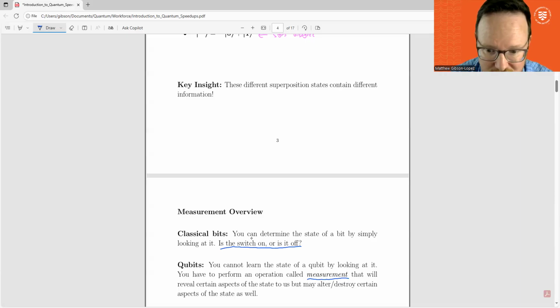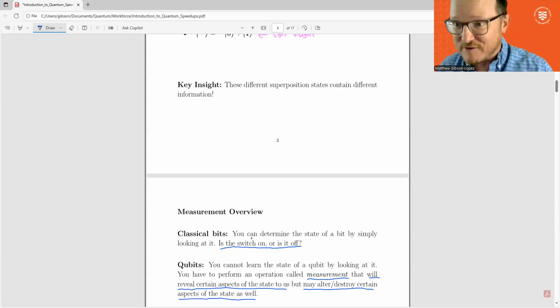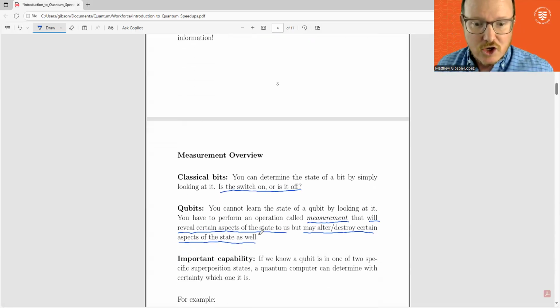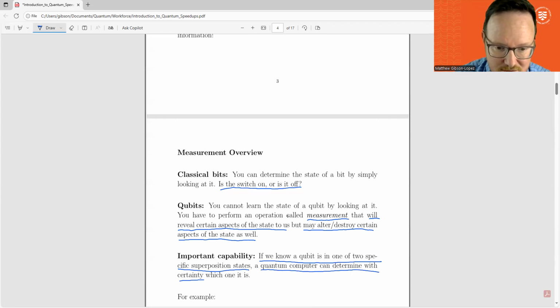Measurement reveals certain aspects of the state to us, but it may also alter or destroy the state. So I get some information out of the state, but I might lose other parts of the information. The important capability for the purposes of this talk: if we know a qubit is in one of two specific superposition states, like whether the signs agree or disagree, the quantum computer will be able to determine with certainty which one it is.